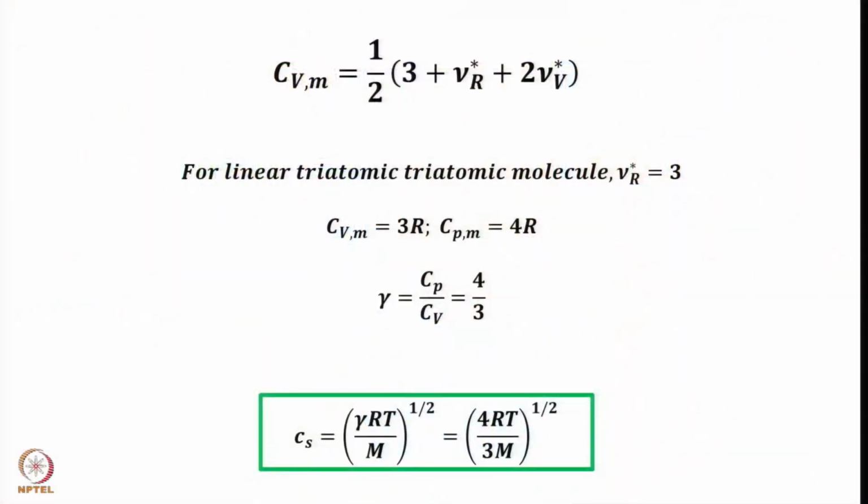Okay, now let us talk about non-linear triatomic molecule. Linear triatomic we have already done. I will modify it for non-linear triatomic molecule. Non-linear, one of the examples is HOH type.